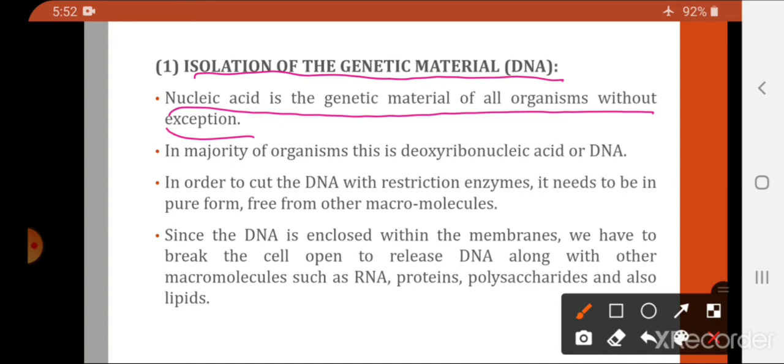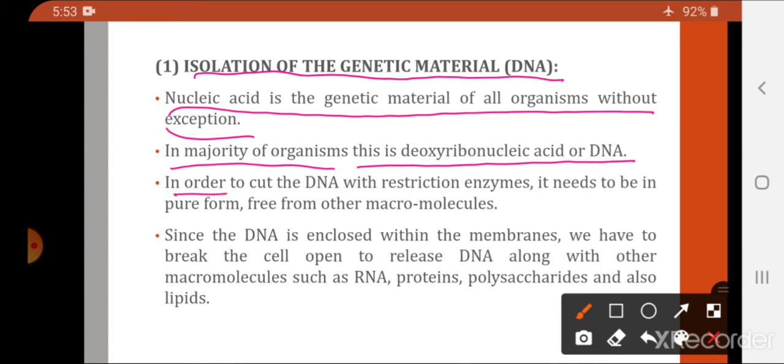Majority of the organisms, with the exceptions of a few RNA viruses, have DNA, deoxyribonucleic acid, as the genetic material.